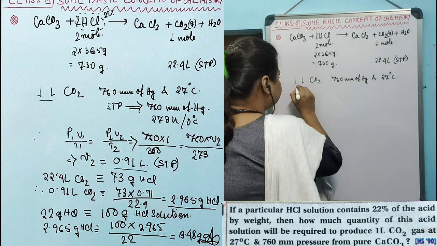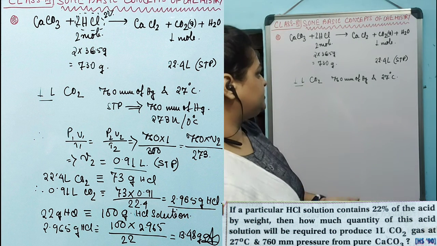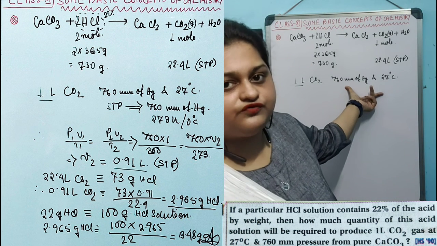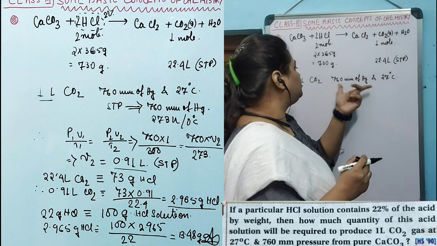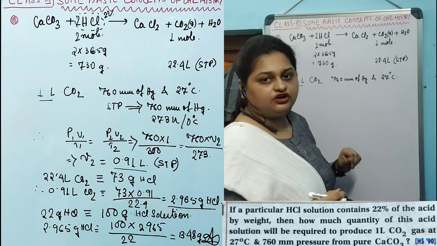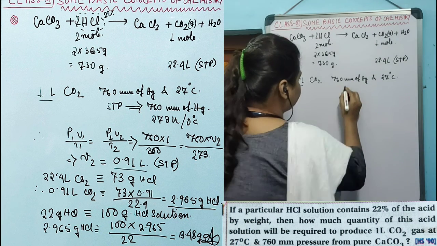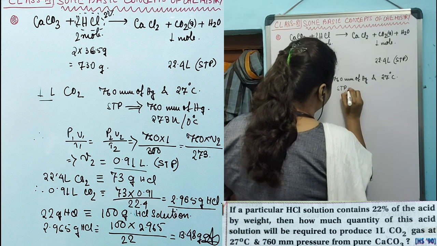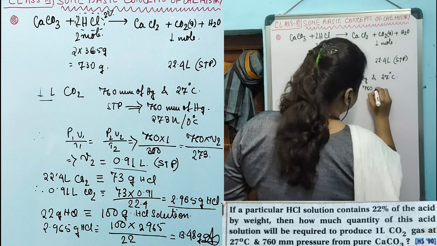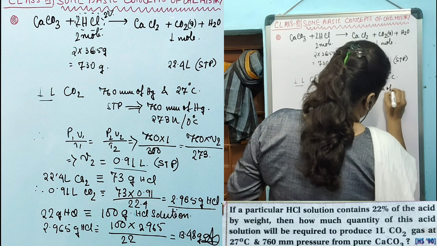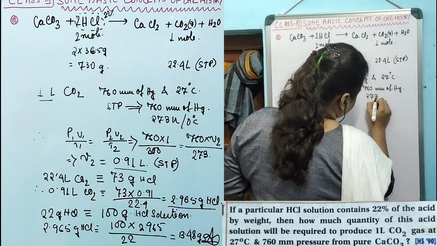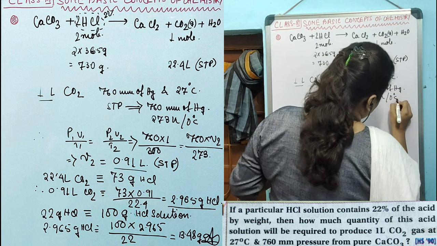Now, this is the volume of the CO2 produced at this temperature pressure condition. We are now going to find out at STP what will be the volume of this corresponding carbon dioxide. Now, STP meaning 760 mm of Hg and 273 Kelvin or 0 degrees Celsius.